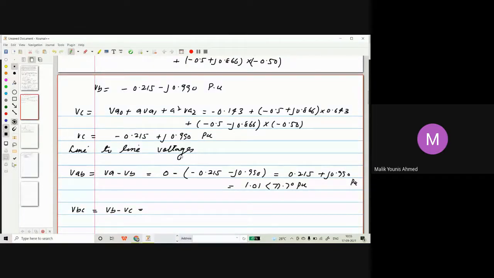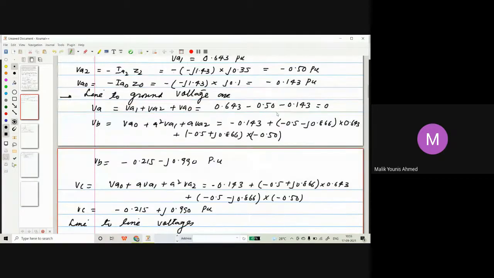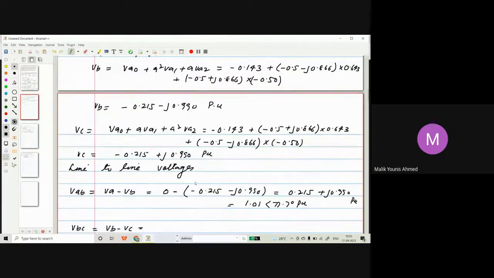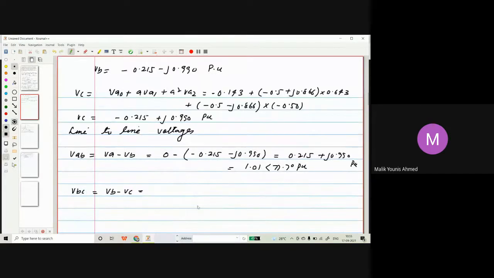Okay, VA minus VB, VA is 0. Just a second, let me check the values. 0 minus VB, where is the VB value? That is fine, we don't have issues with this. Okay, VB minus VC. VB is minus 2.15 minus j0.990, minus VC.